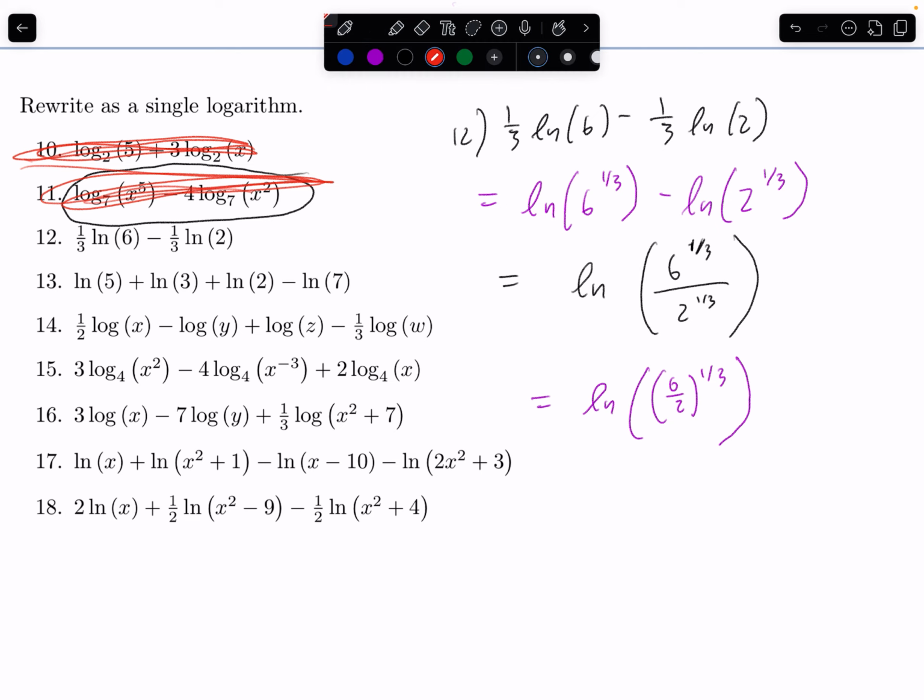Okay, so that's just basic simplification of numbers. So that's ln of 6 divided by 2, which is just 3, right? So that's natural log of 3 to the 1/3 power. And that's it. That's as far as we can go. But notice, nice and clean. Nice, simple, single number. Okay, that's 12.